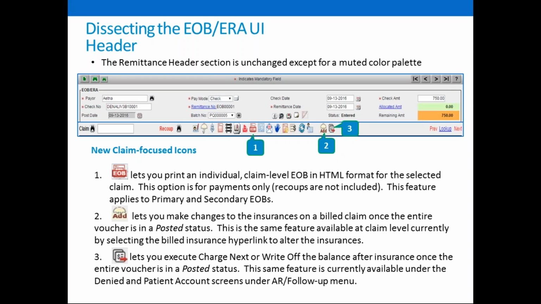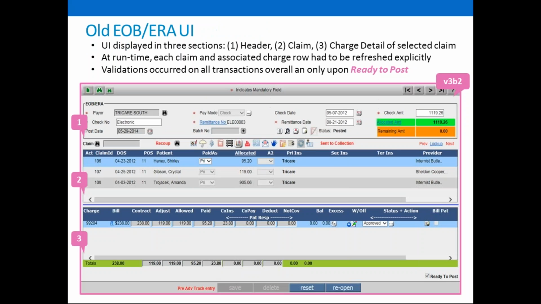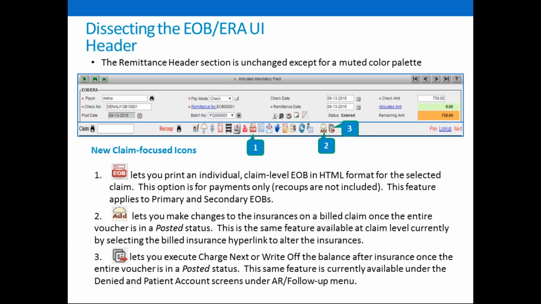On the header section, there aren't any changes to the labeling or positioning at the header level, except where you have your orange and green colored hyperlinks for the allocated amount and the remaining amount. It's kind of a muted color palette. So it's still green and orange, but instead of this bright neon green and orange that you have now, it's a softened green and orange.